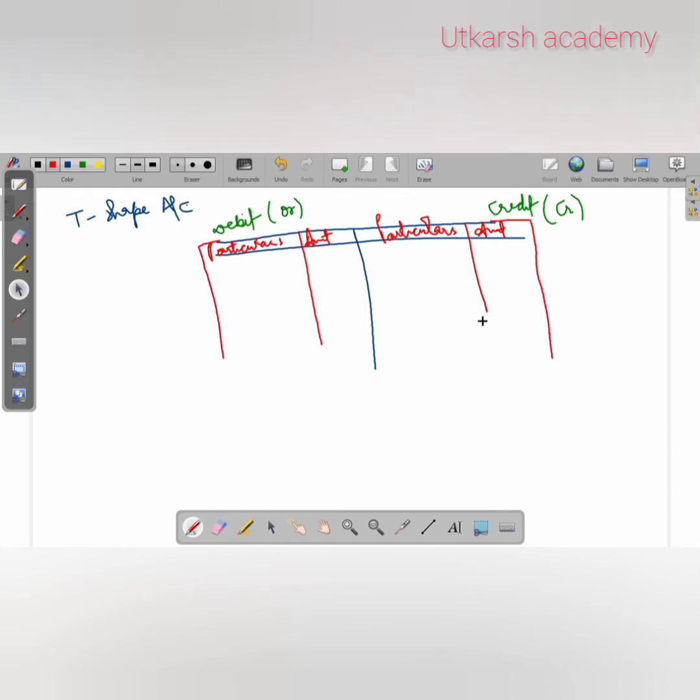We record the items of both debit side and credit side. Now we will understand the rules of debit and credit. Okay, just remember the mnemonic.